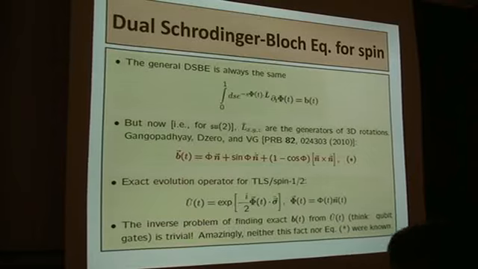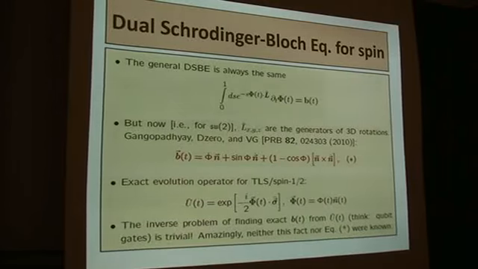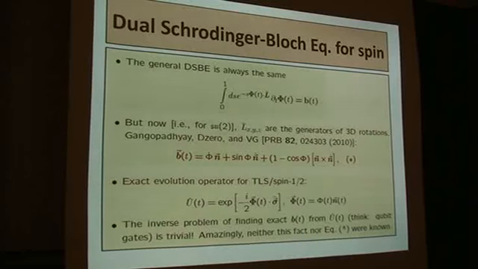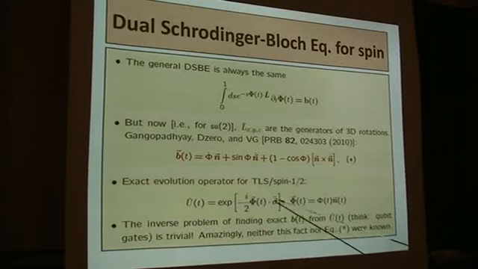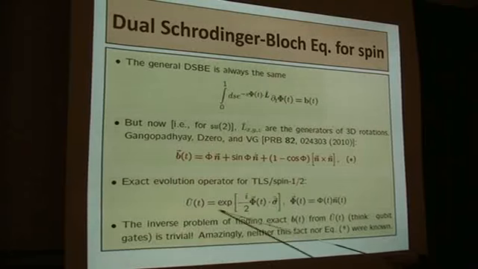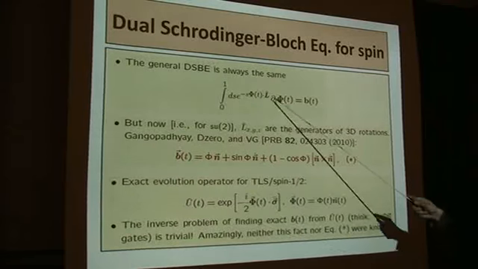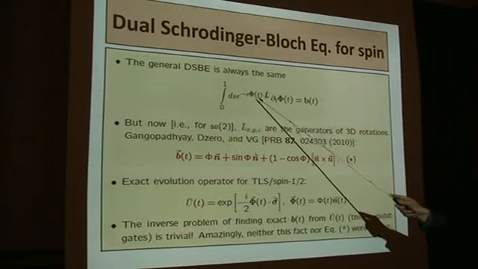So let's try to take a different perspective. Instead of solving for the wave function, let's try to solve for the unitary evolution. In this case, it will be spin 1/2, but it could have been spin 1, doesn't really matter. We basically use this ansatz, and we use what I called the dual Schrödinger equation.